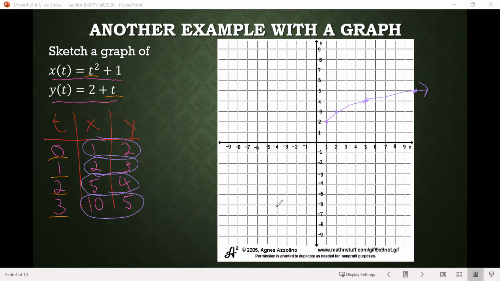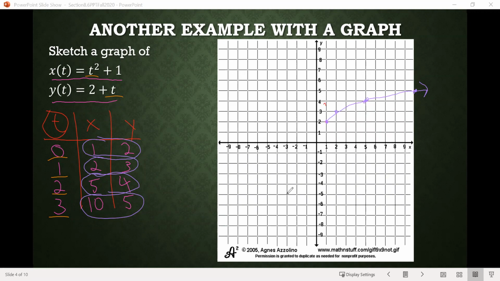Now, hopefully you could see that this could have some real world applications, right? If we imagine the coordinate axis here being a map, and maybe we're following the path of an object on that map, and let's say t in this case represented some unit of time, maybe like hours or minutes or seconds.